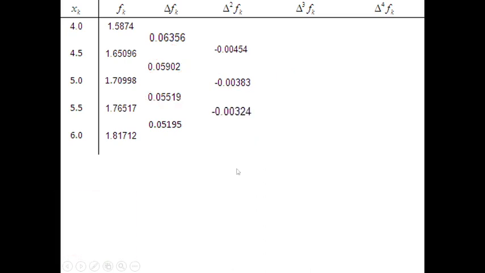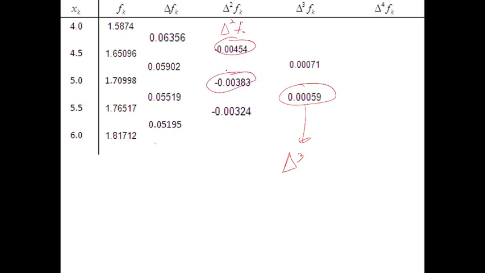And then, ito, paano tayo nag-arrive dito? So, this is delta cube. So, this is what? Delta squared f0, delta squared f1, delta squared f2. Ito, delta cube f sub 0, delta cube f sub 1.